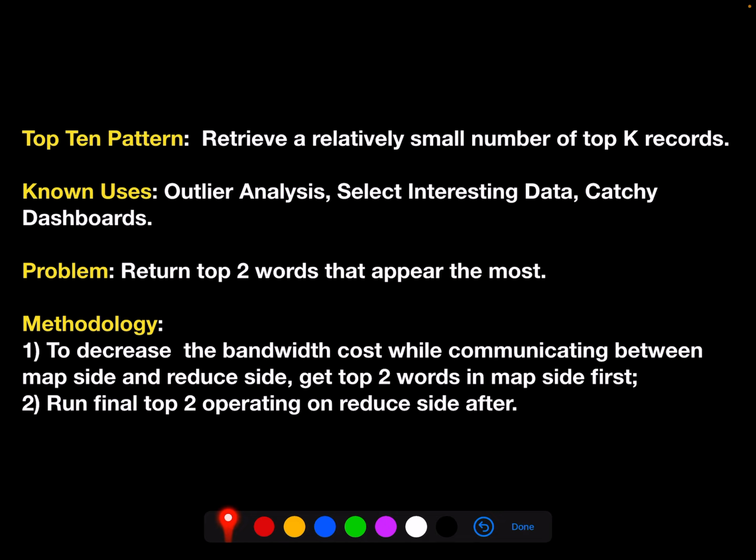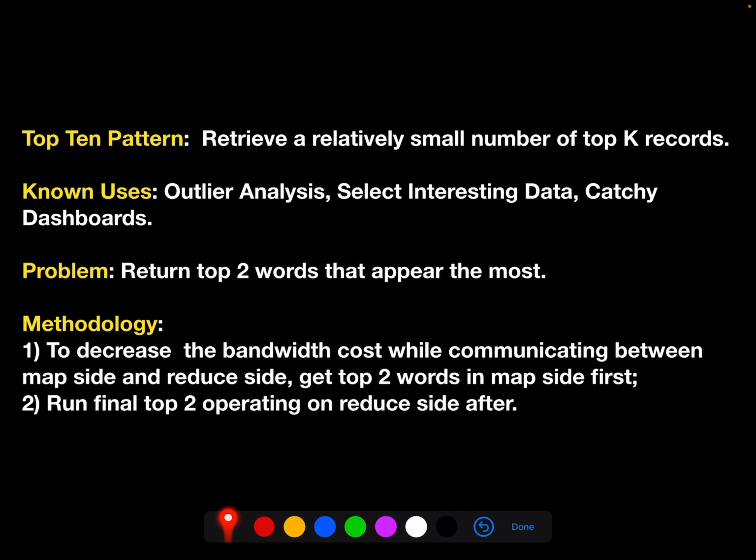For simplification, I implement the top 10 pattern as a simple problem: returning the top 2 words that appear the most. I will solve this problem using a two-step methodology. First, I will find the top 2 words on the map side. This decreases the bandwidth cost when communicating between the map side and the reduce side.